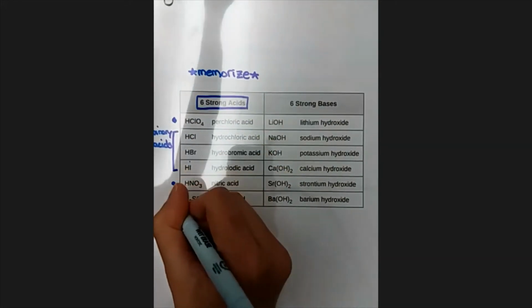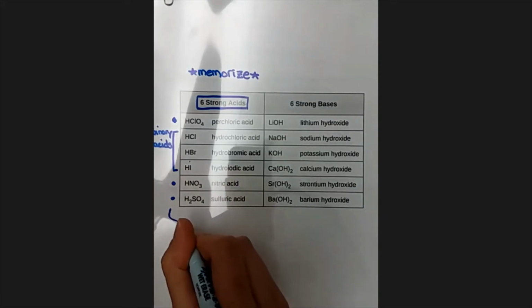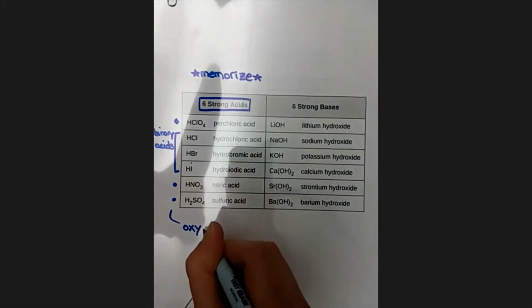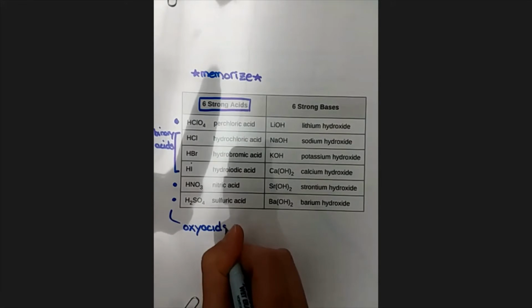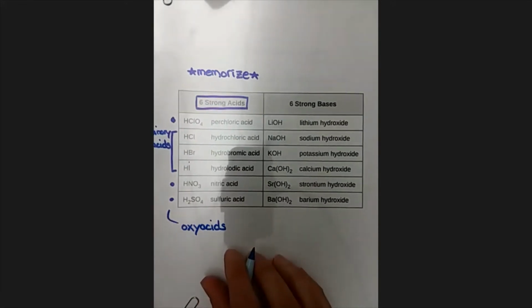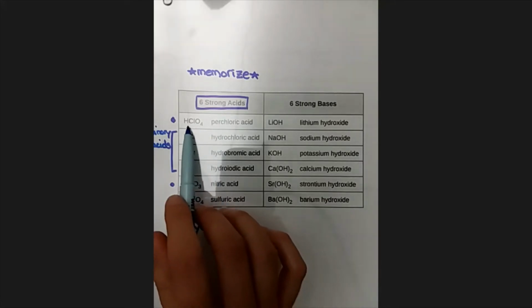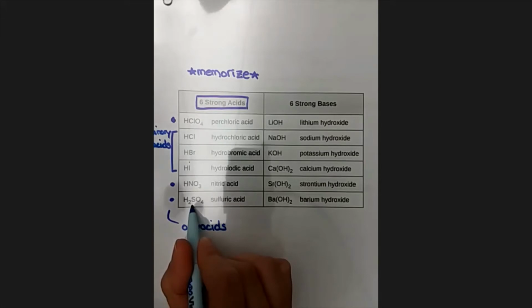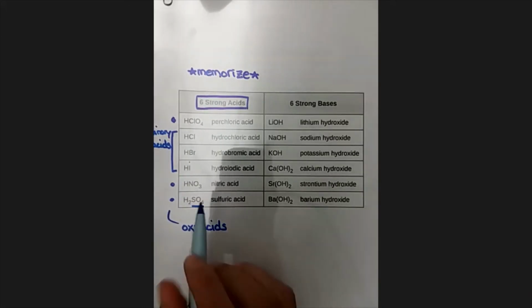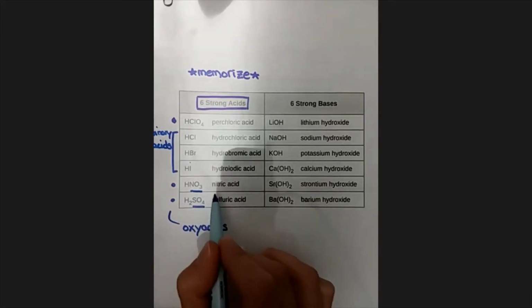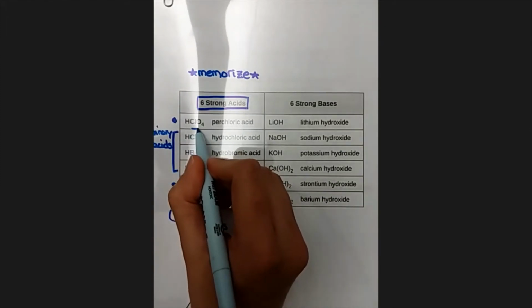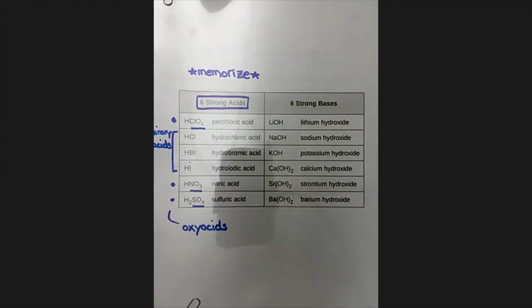And then these other 3 are called oxyacids. As you can see, they have oxygen as well as another nonmetal and hydrogen. You may notice that the names of these oxyacids involve the name of the polyatomic ion. This is sulfate, so we have sulfuric acid, this is nitrate, we have nitric acid, and this is perchlorate, so we have perchloric acid.